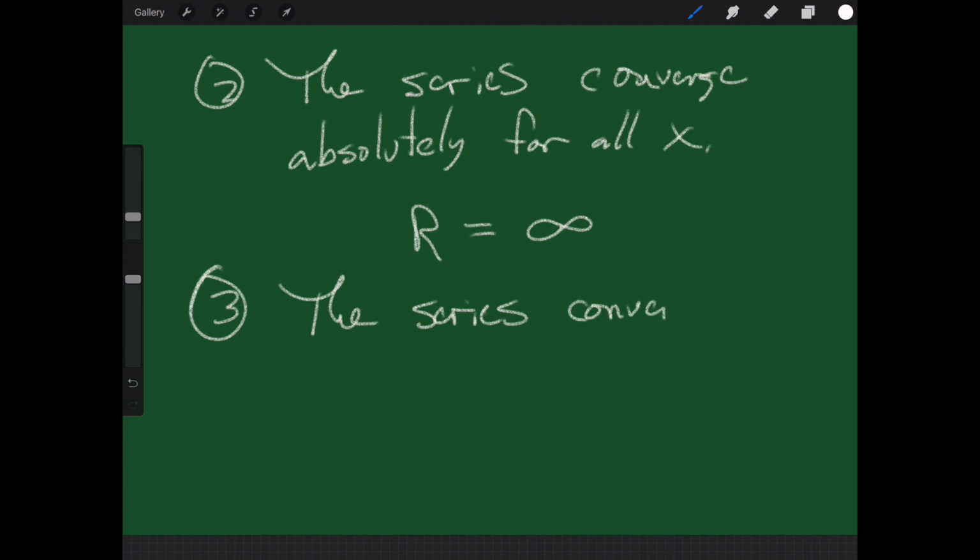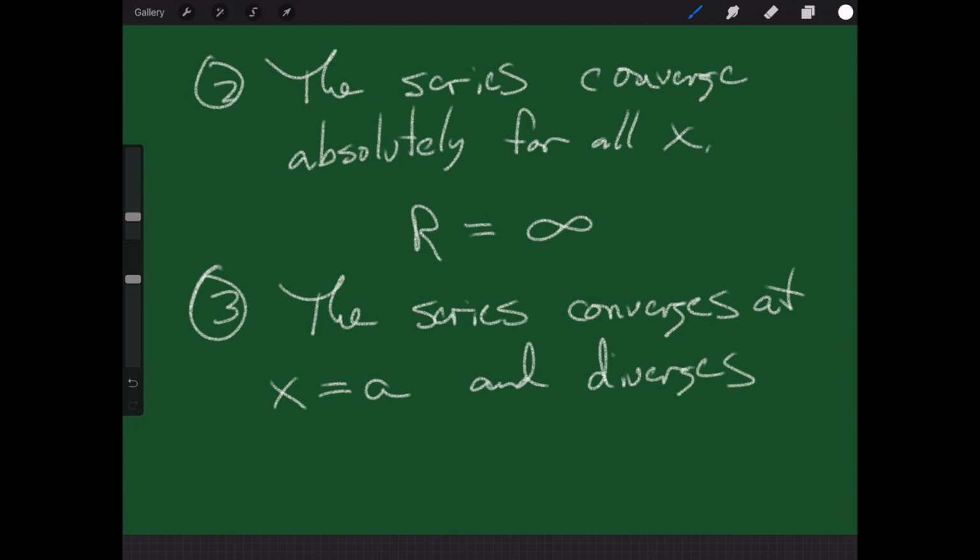converges at x is equal to a and diverges everywhere elsewhere. Okay, so three things can happen with radius of convergence.